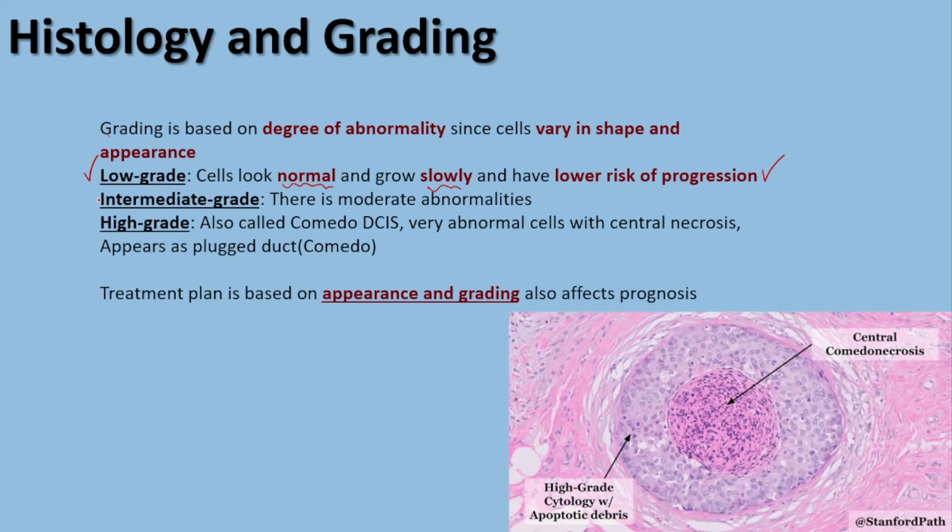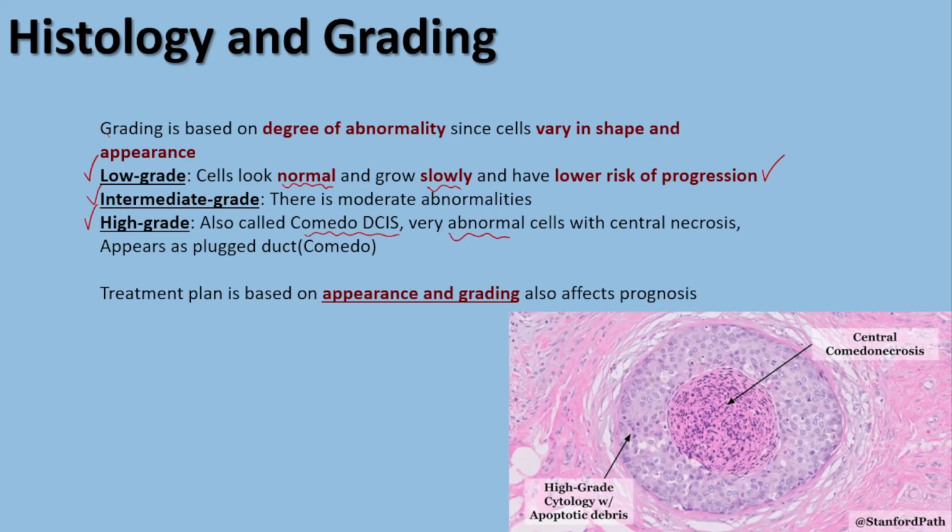We have intermediate grade. In this case, we have cancer cells that are looking a little bit less normal. They are growing a little bit more rapidly, and we have a slightly higher risk for malignant conversion to the invasive ductal carcinoma. In case of high-grade ductal carcinoma in situ, which we also call comedo ductal carcinoma in situ, we have cancer cells that look abnormal.